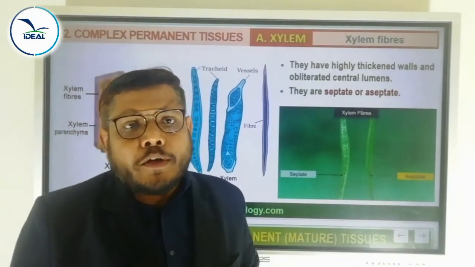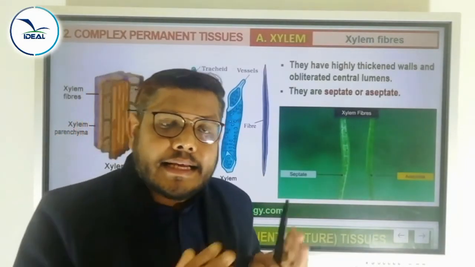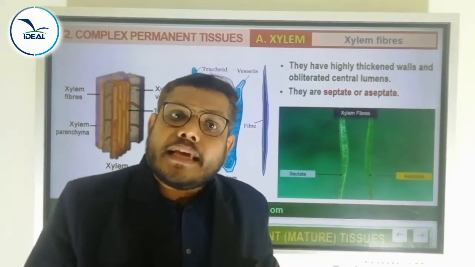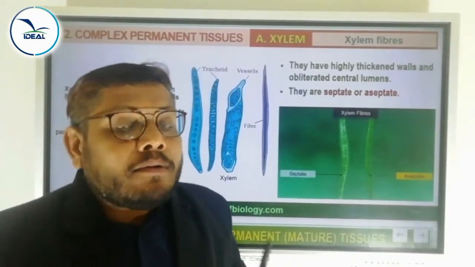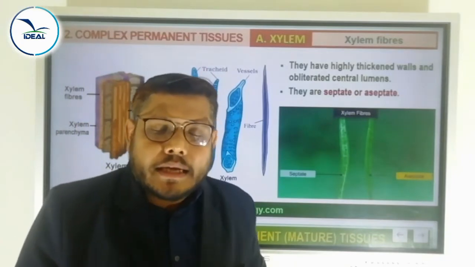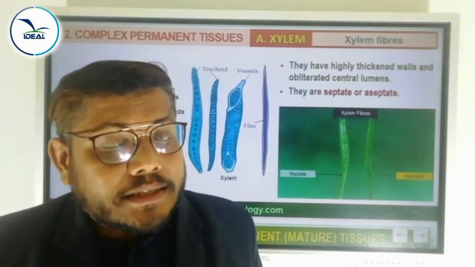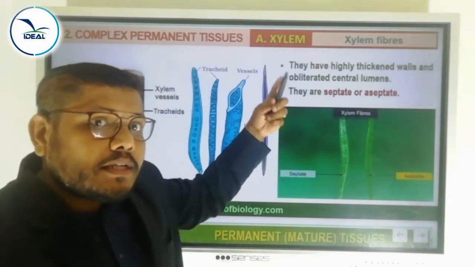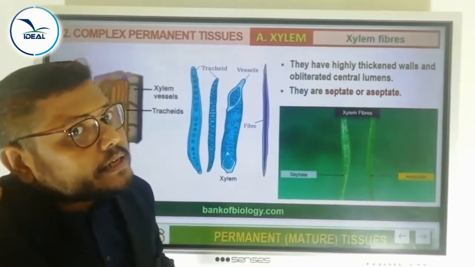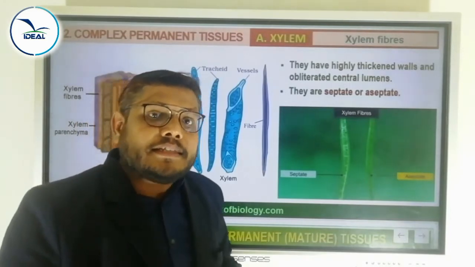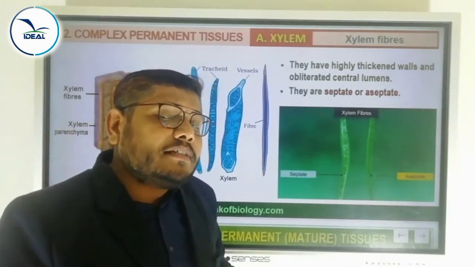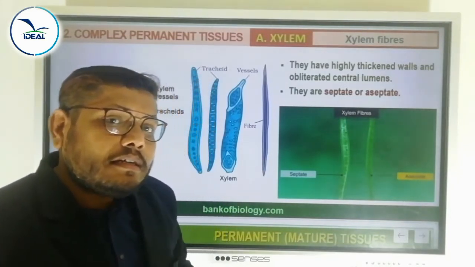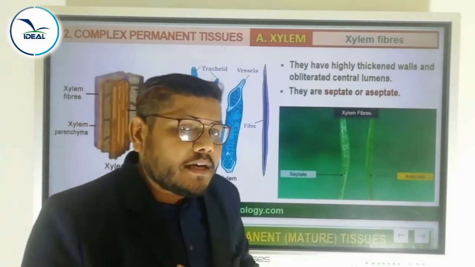Next one, xylem fibers. What is xylem fiber? The sclerenchyma cells associated with the xylem are called xylem fiber. They are thickened, dead, elongated cells with a tapering end. Because these cells are sclerenchyma cells, they are dead and thickened. What is the reason behind the thickening?